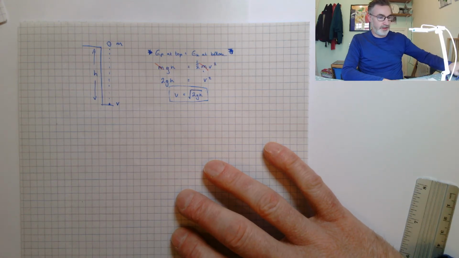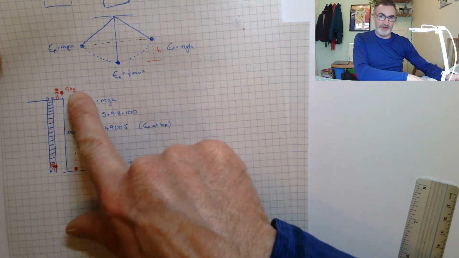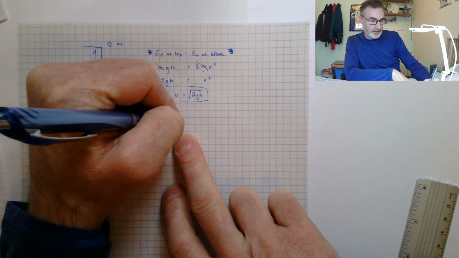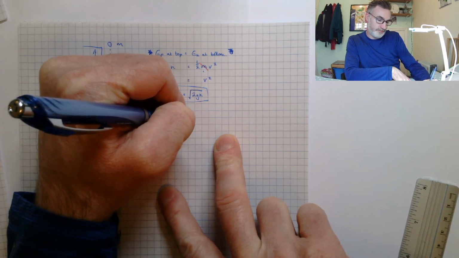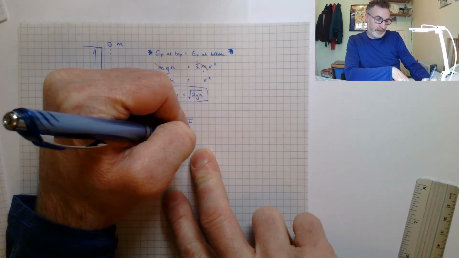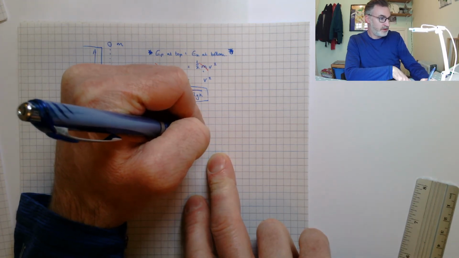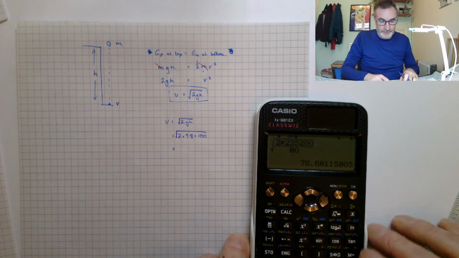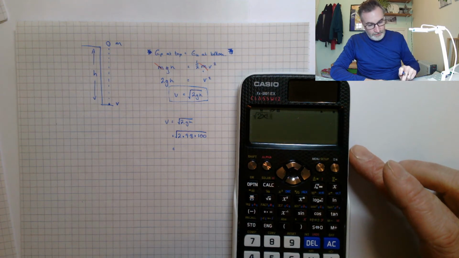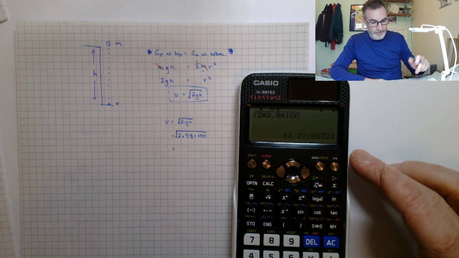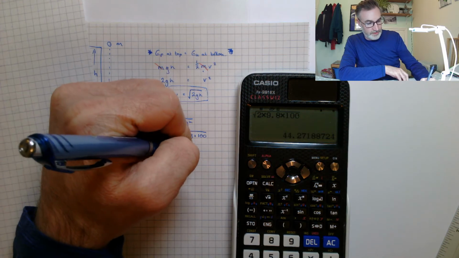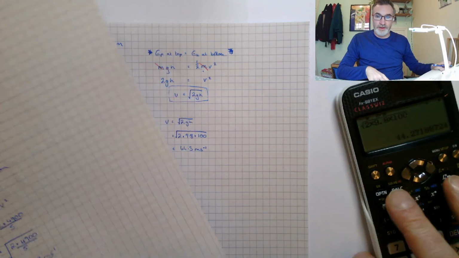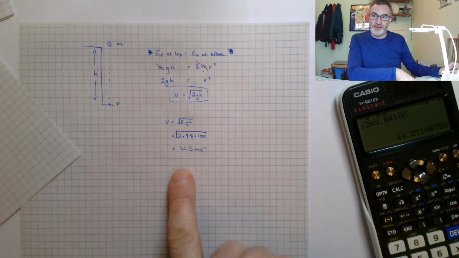Okay. Now if we look at the original example that we did, so we had a 5 kilogram mass falling 100 meters, and so if we just use this in here, v is equal to the square root of 2gh, and we're going to have 2 times 9.8 times 100 meters, take the square root of that, and we'll have 44.3 meters per second, which is the same here, 44.3.